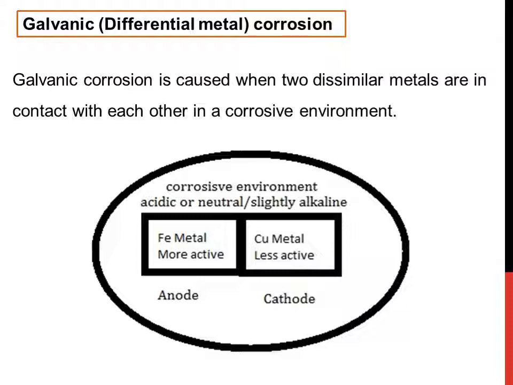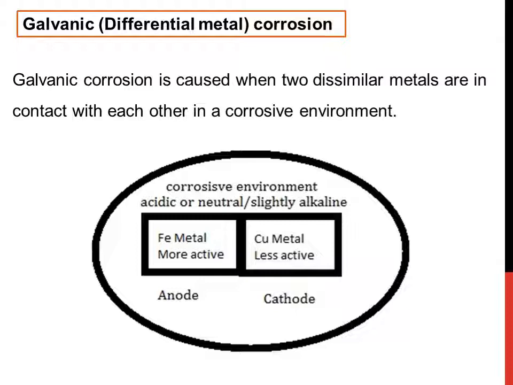Here the metal with lower electrode potential, the more active metal, is usually placed higher in the galvanic series. It always acts as the anode and undergoes corrosion. The metal with higher electrode potential is always placed at the bottom of the galvanic series. It acts as the cathode and is free from corrosion.